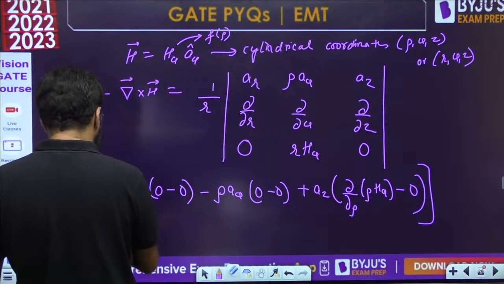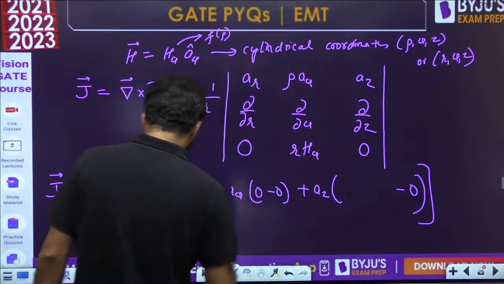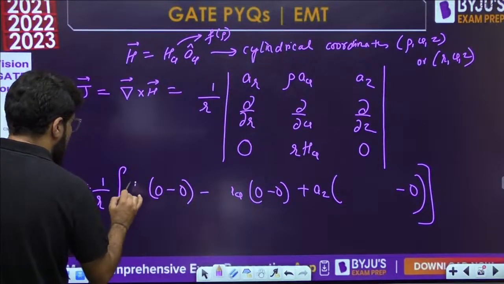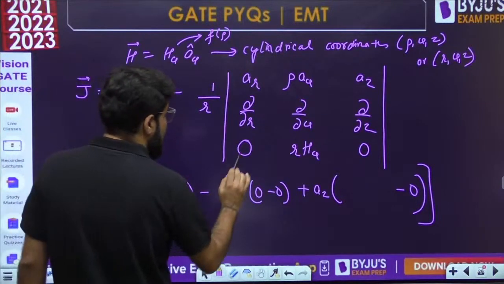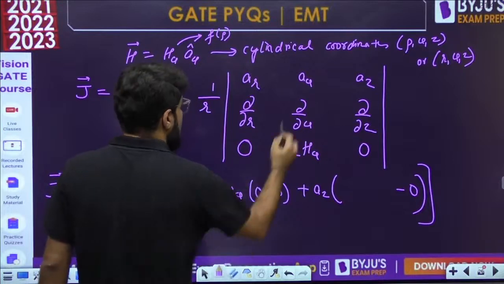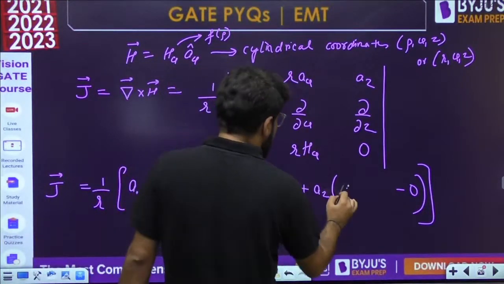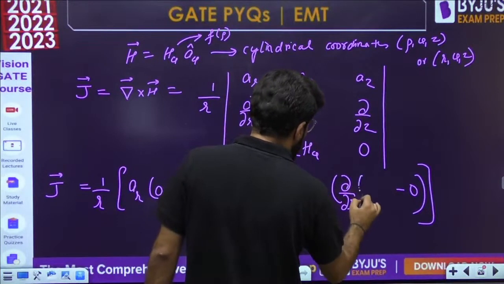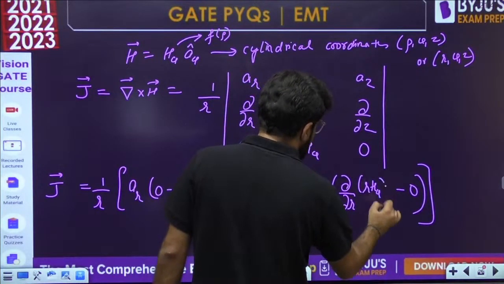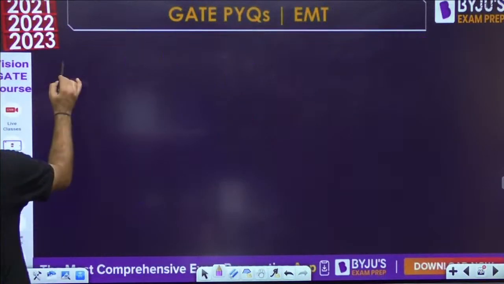Let me replace all the terms properly. So 1 upon r, this is a r, then minus r a phi, and then plus a z del by del r of r H phi.